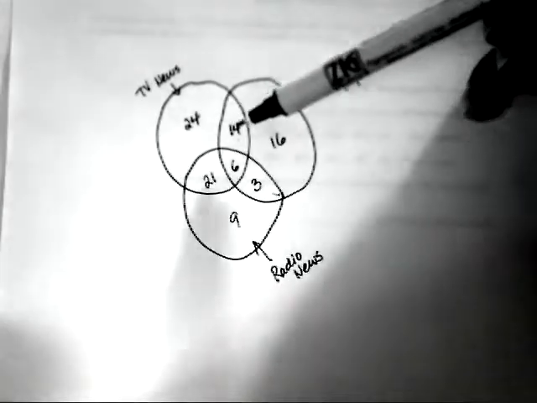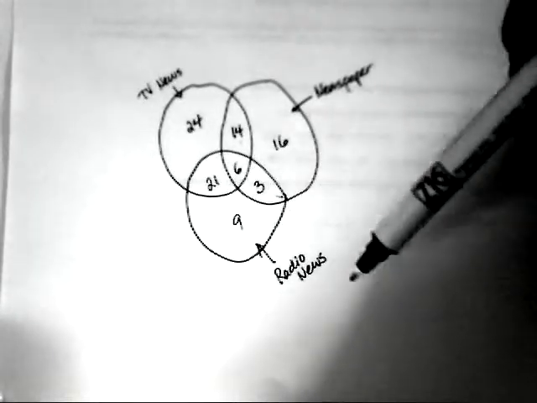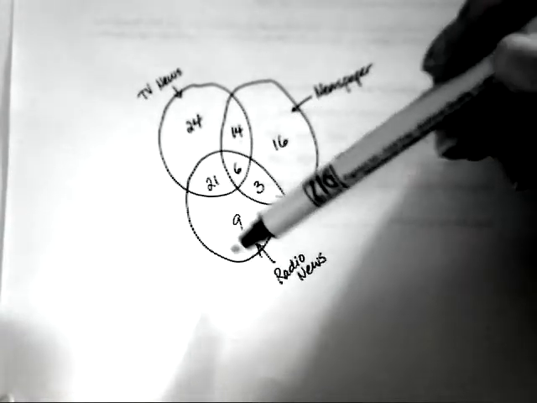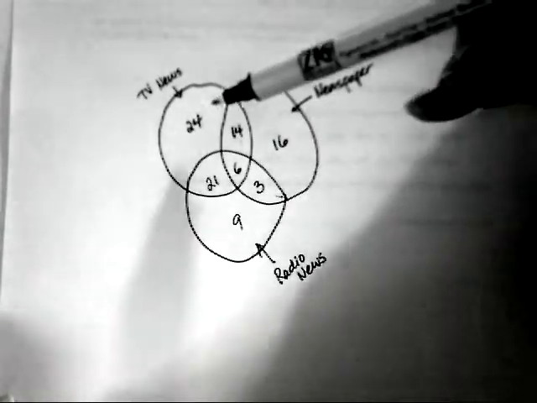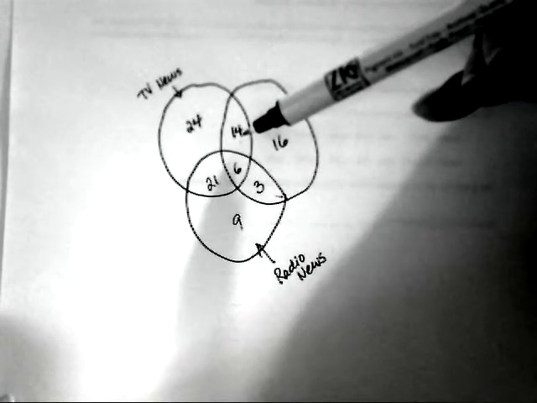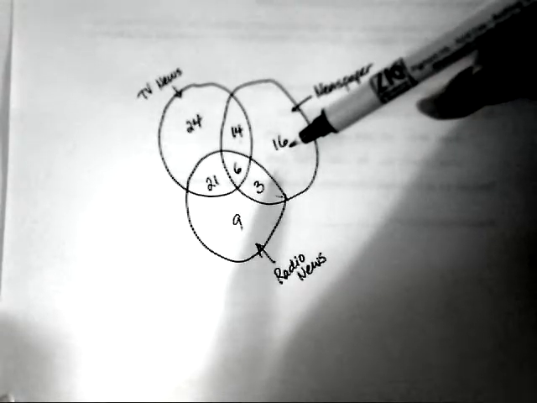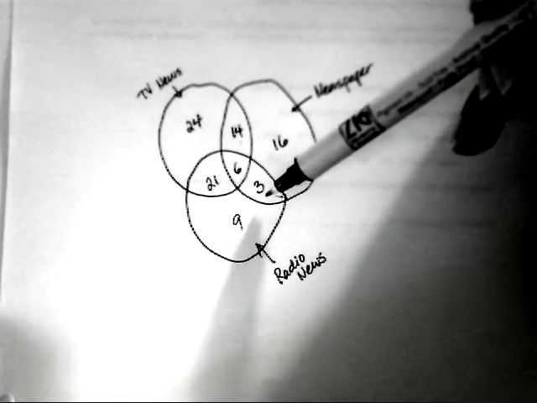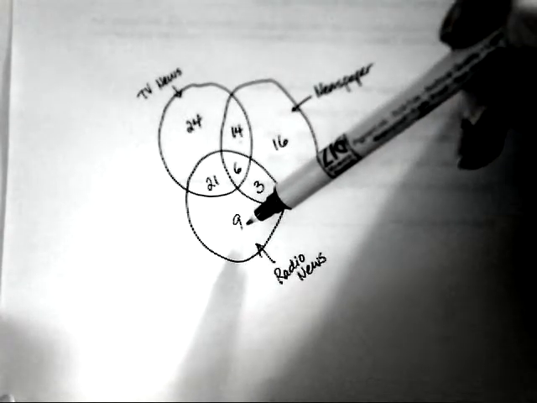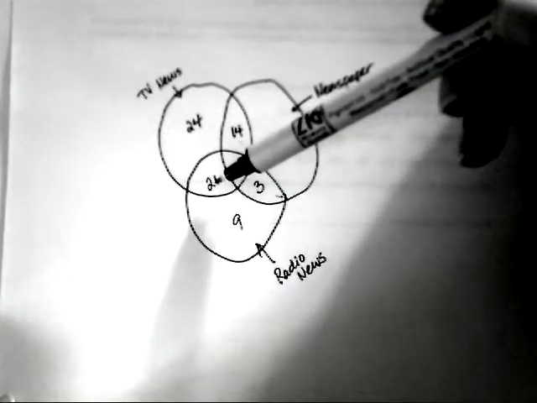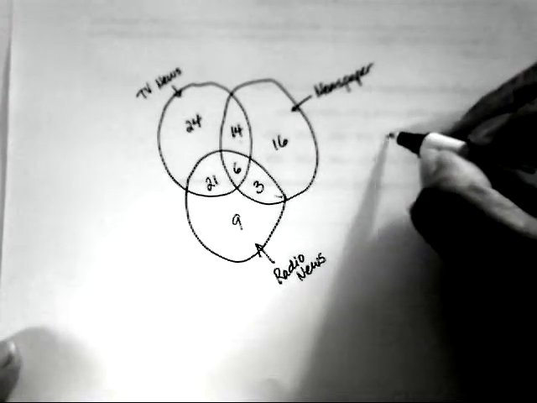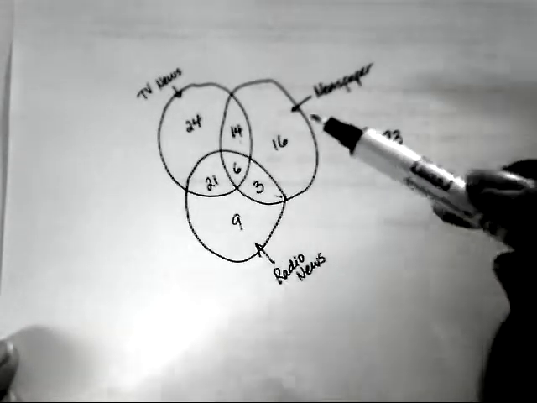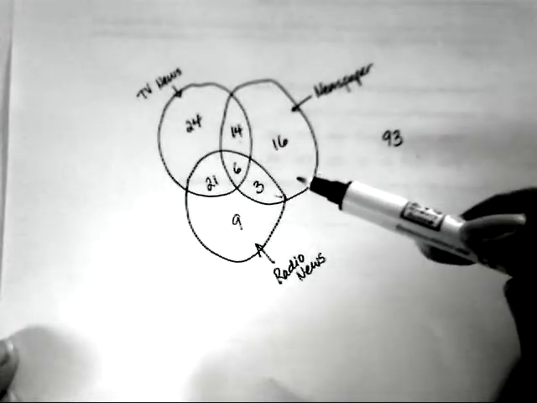So here you're going to add each of these individual numbers together, because we want to find out how many are getting their current events from at least one of these areas. 24 plus 14, that would be 38, plus 16 is 54, 63, plus 9 is 72, plus 21 is 93. So 93 people are getting their current events from at least one of these three.